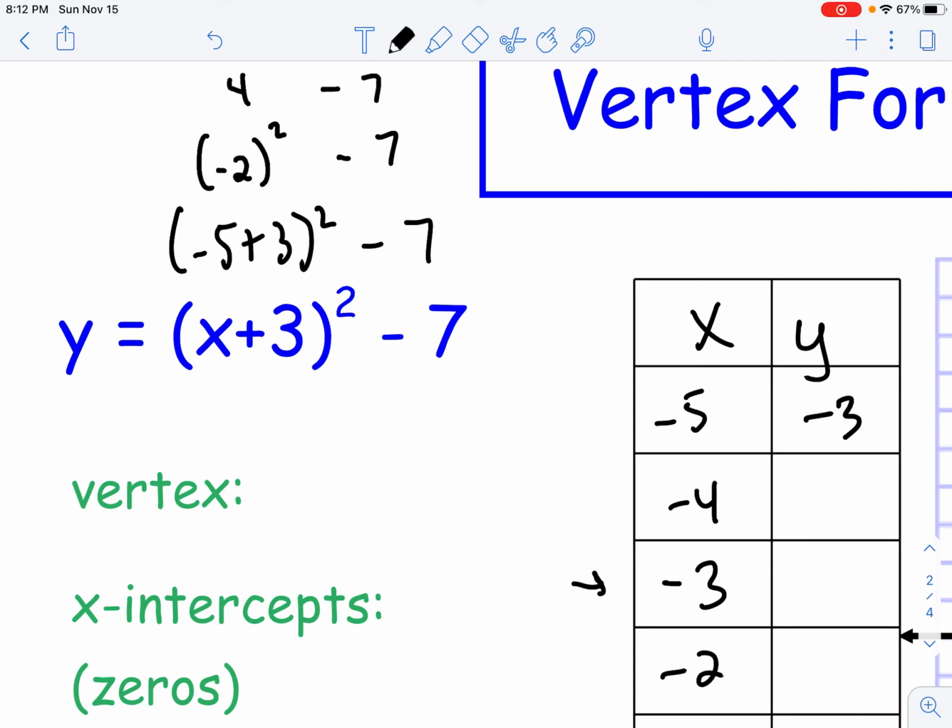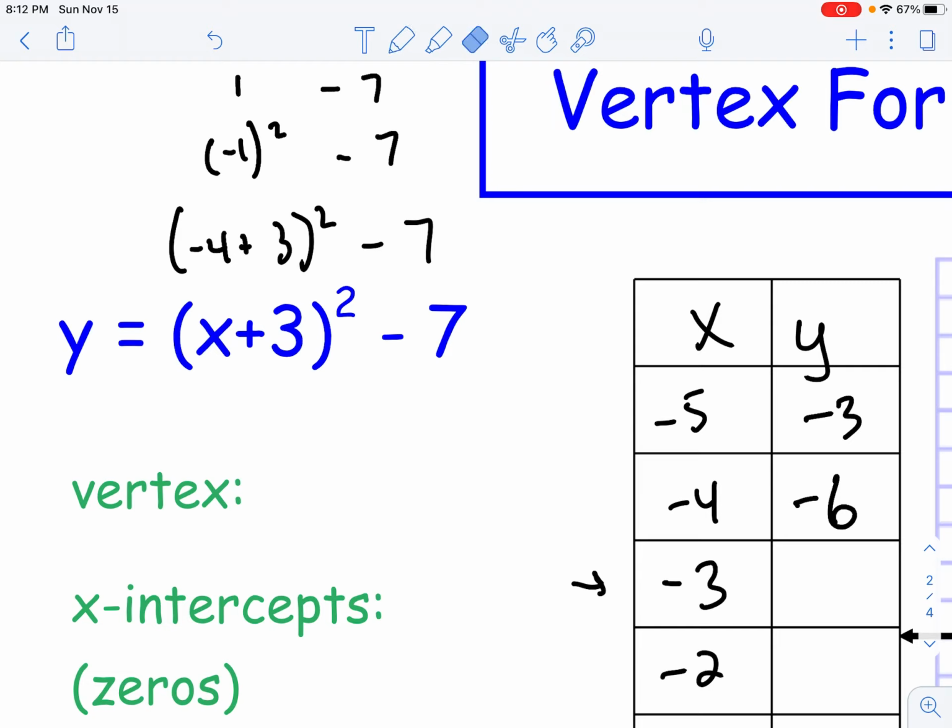Then all you do is change this, so it'd be negative 4 plus 3, and that ends up being negative 1. Negative 1 squared is positive 1, and 1 minus 7 is negative 6.